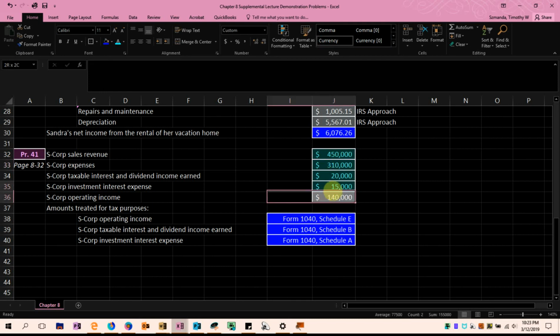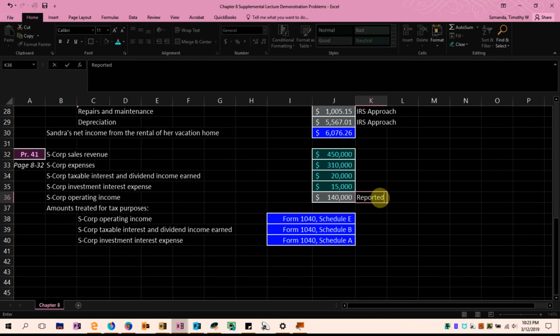This gets reported on Schedule K1, which is just a way to allocate this income to the owners, in this case the equity owners of the S corp, based on the number of shares they own.